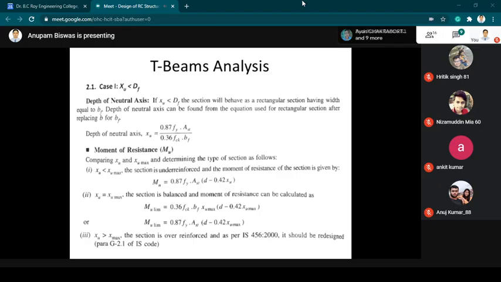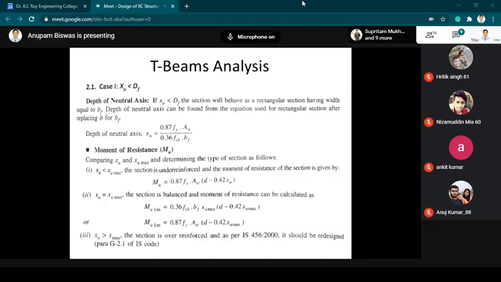If xu is less than xu max, first condition, then the moment of resistance is calculated as 0.87 fy Ast into d minus 0.42 xu, since it is an under-reinforced section. And for a balanced section, when the value of xu is equal to xu max, then either this equation or the Mu limit value, that is 0.36 fck into bf into xu max into d minus 0.42 xu max, could also be considered.